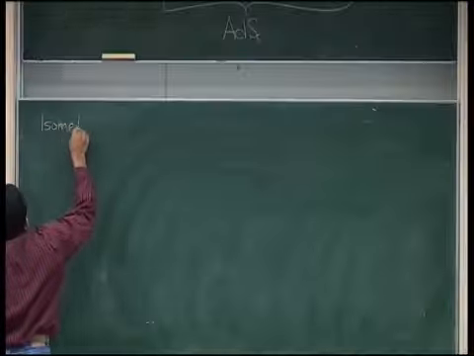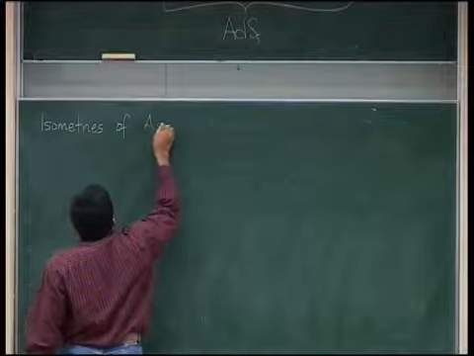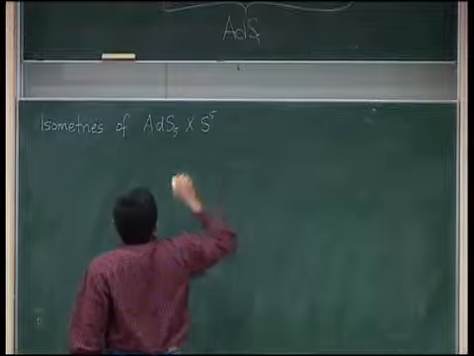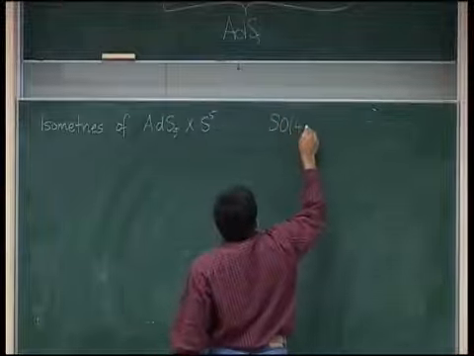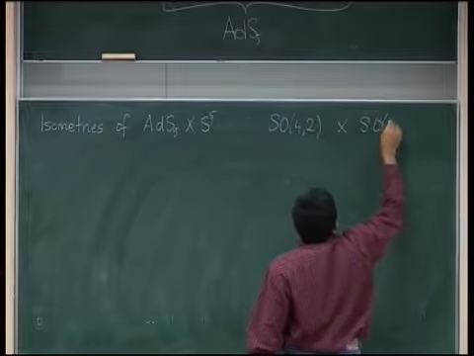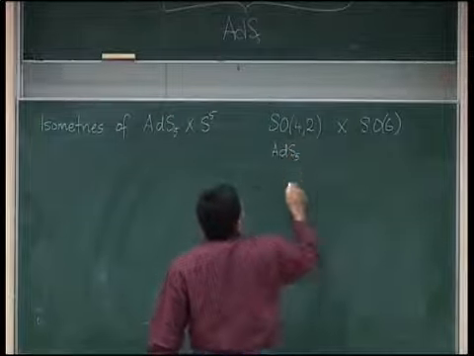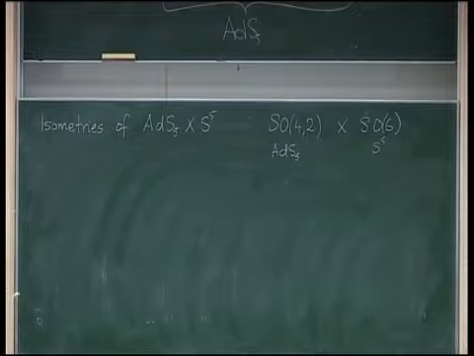And this is exactly the conformal group SO(4,2) for the AdS5 part, and the S5 part gives you an SO(6) symmetry.